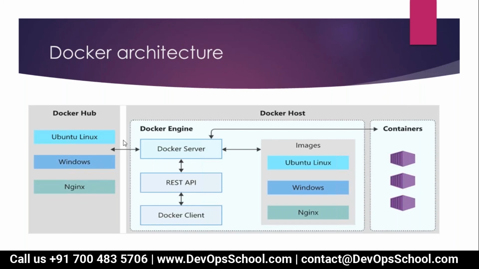Always use Ubuntu Linux, because Windows is still not stable for Docker. If you deploy through Windows and Docker, it will take so much time and so many unnecessary errors come. So better we use Ubuntu Linux.